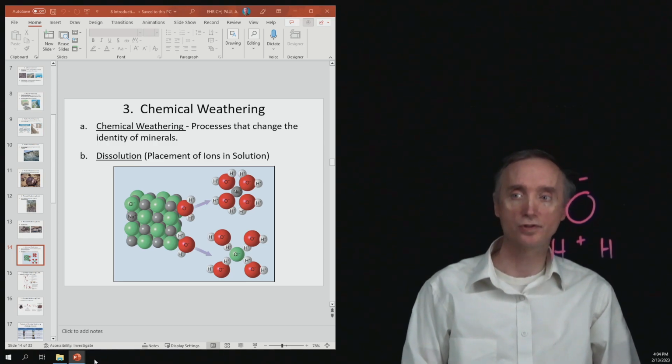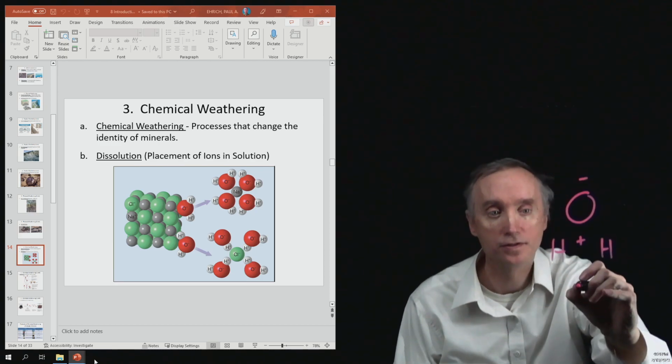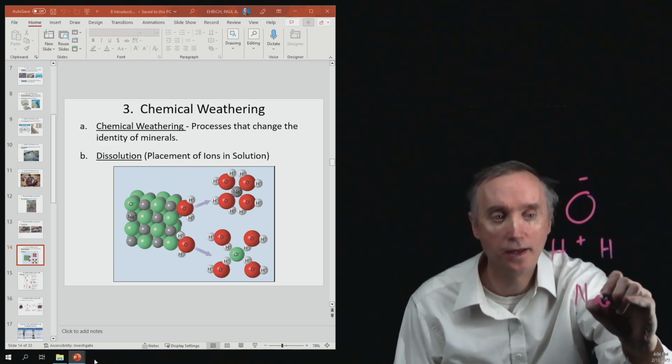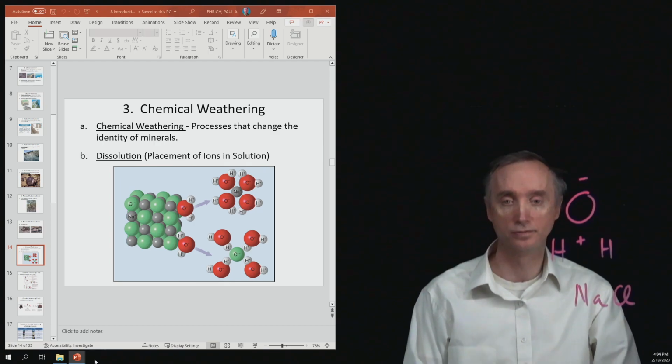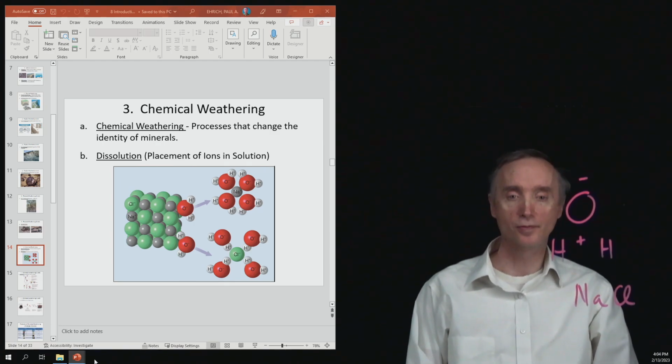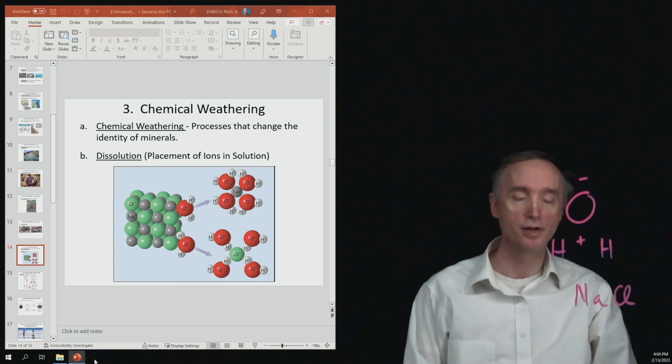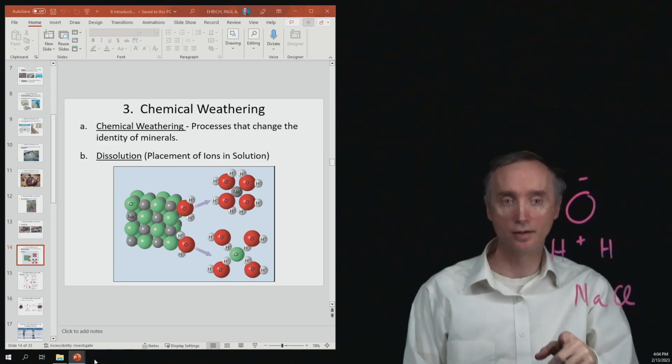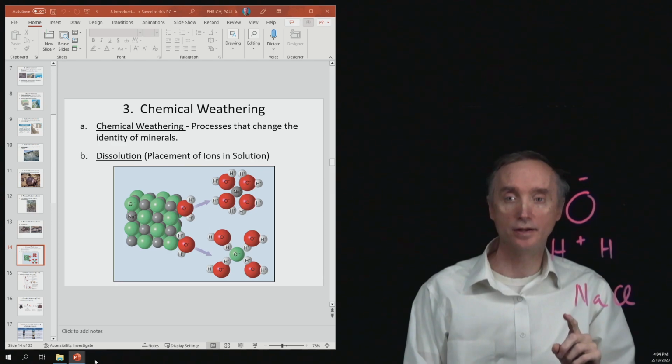So if we were to take, for example, NaCl, which is salt, it's going to be Na and then Cl. If you recall from the periodic table of elements, sodium is in column number 1. It's got one valence electron, and it likes to get rid of it.